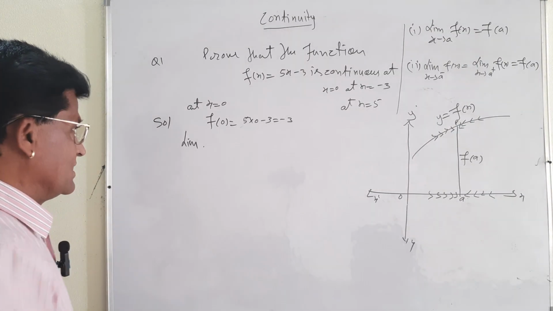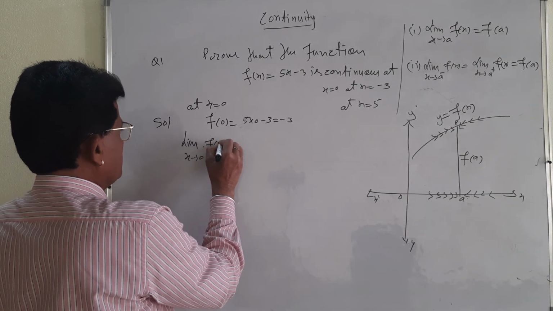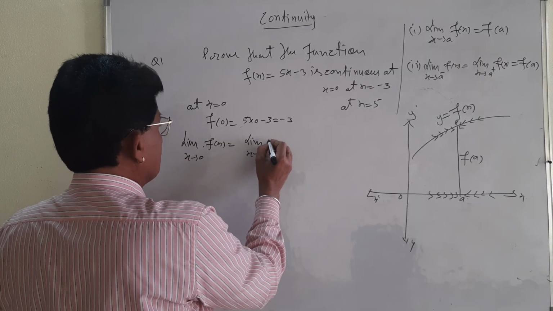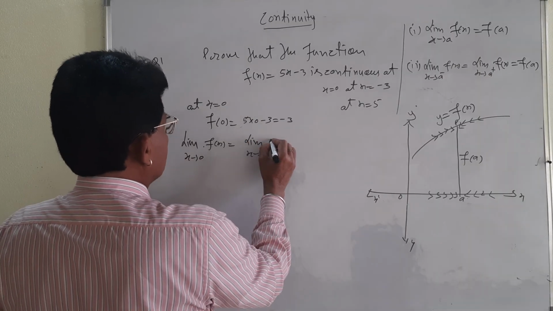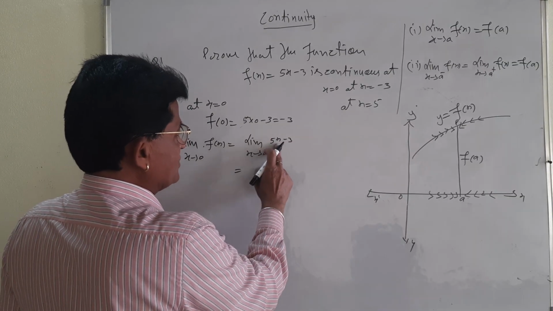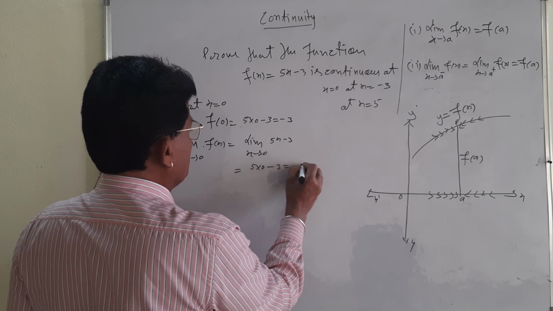So f(0) is equal to -3. Now let me take the limit as x tends to 0 of f(x). Its value will be equal to what? The function is 5x minus 3. Take the limit, in place of x write 0. It will be 5 into 0 minus 3, which is equal to -3.